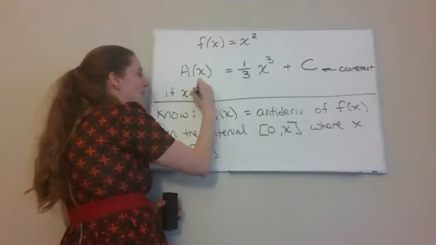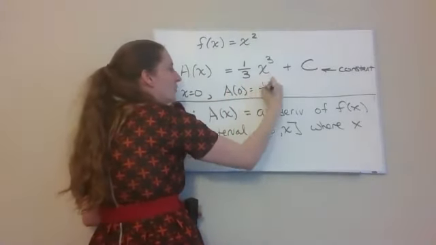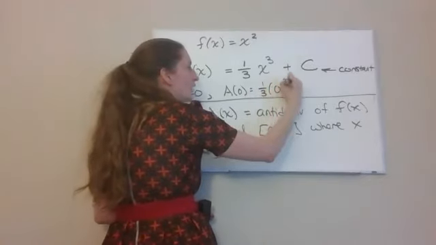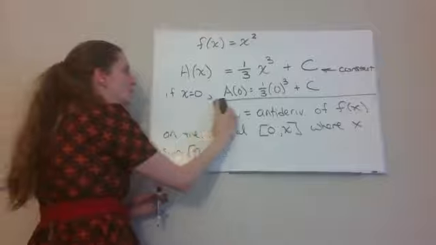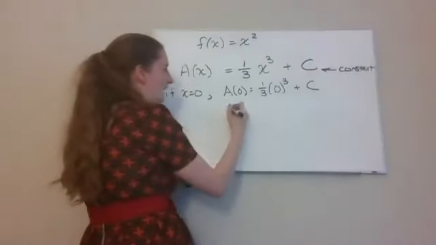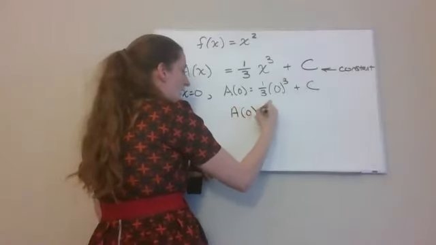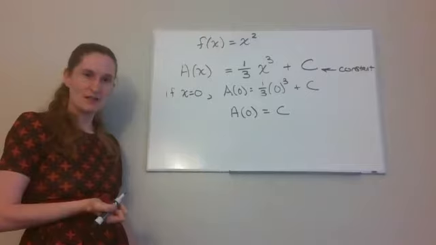If x is 0, we have A of 0 equals 1/3 times 0 to the third plus c. So I get A of 0 equals c. So what are we talking about for A of 0?